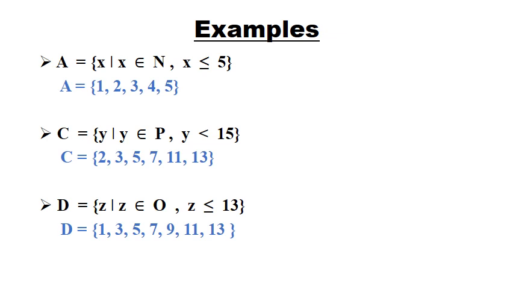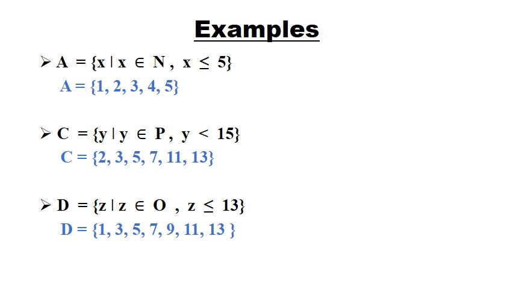It means you have to write all prime numbers which are less than 15. So the set will be {2, 3, 5, 7, 11, 13}. All these numbers are prime numbers as well as less than 15.